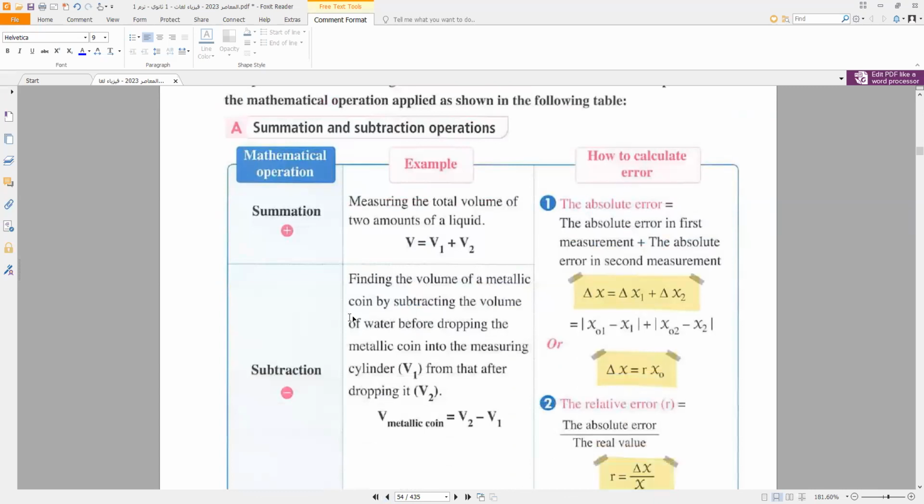So for summation or subtraction, find the absolute error, then the relative error. If it is multiply or division, you must find the relative error, then the absolute error, as in the next example.